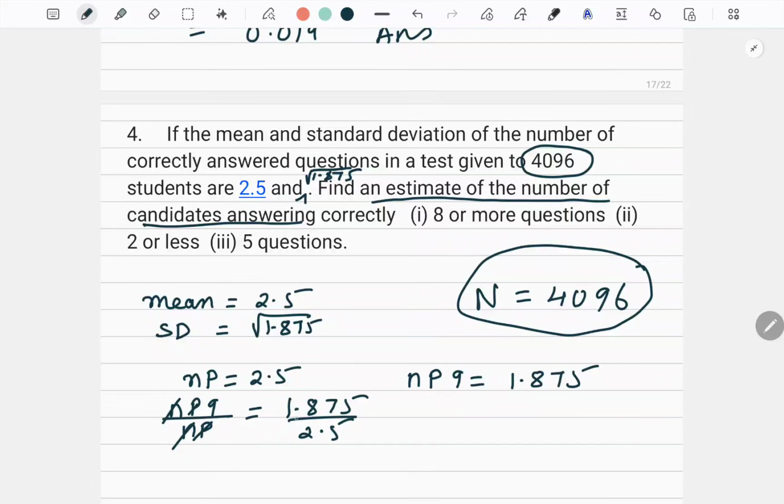What is left? Q. So, Q is equal to 1.875 upon 2.5. Right? So, when you divide this, your Q value is equal to 0.75. Okay, if Q is 0.75, what is the value of P? So P will be equal to 0.25 because P plus Q is 1.